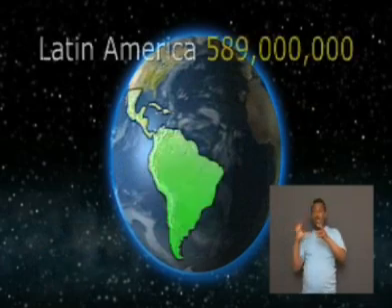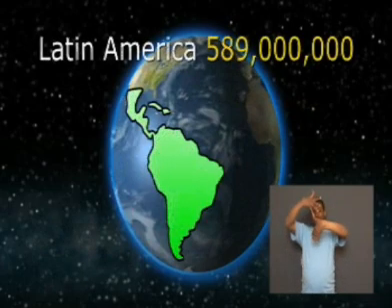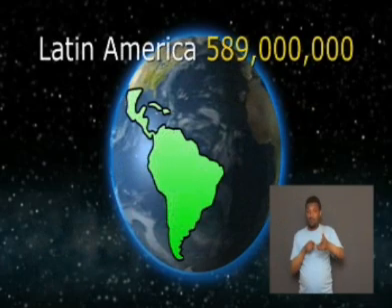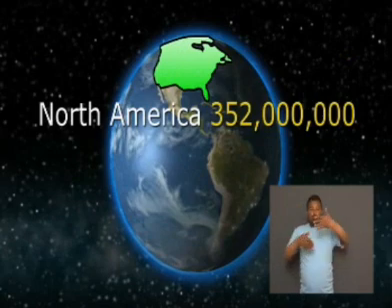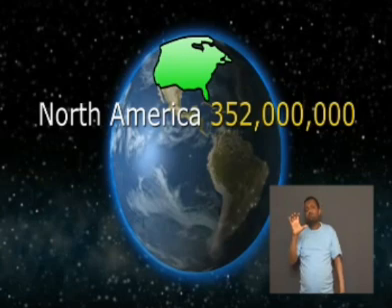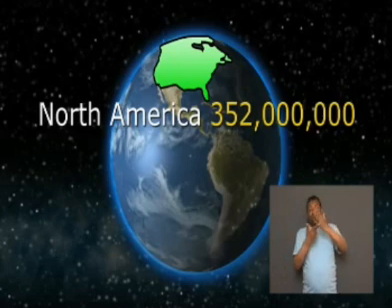The 4th most populous continent is Latin America, which has a population of 589 million. North America, despite its size, contains only 352 million people, so it is the 5th most populous continent.